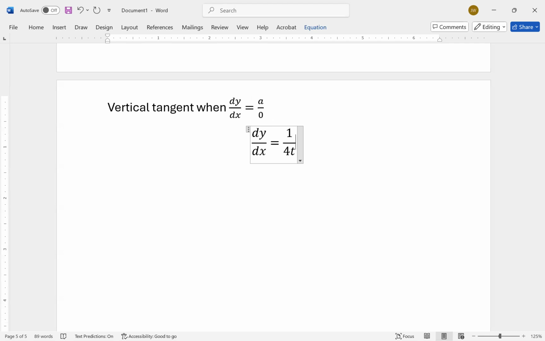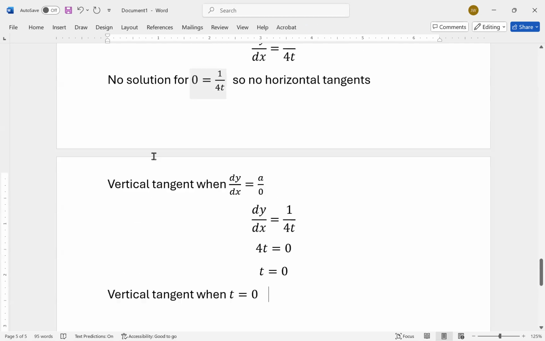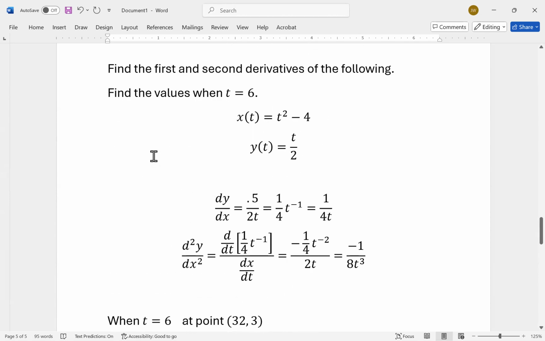We can get that when t is 0. So basically we're asking, when is 4t equal to 0? 4t is equal to 0 when t is equal to 0. So we get a vertical tangent when t equals 0.